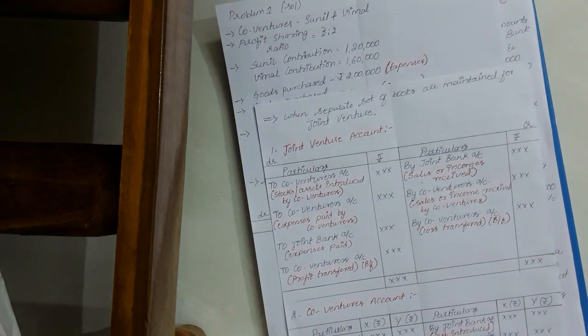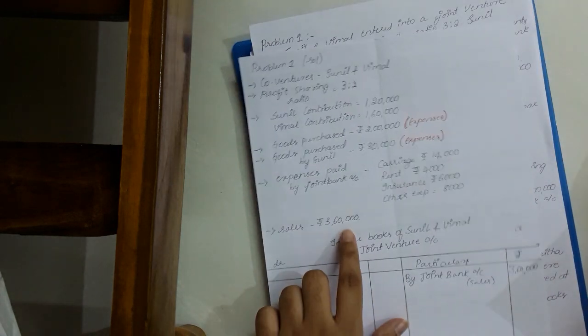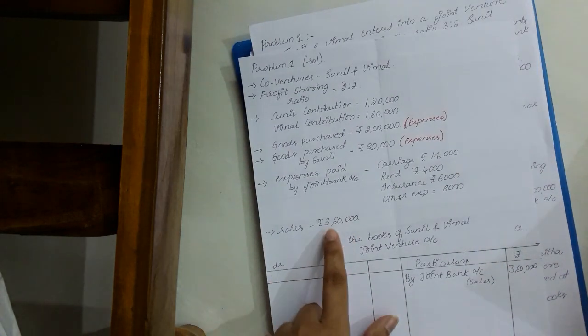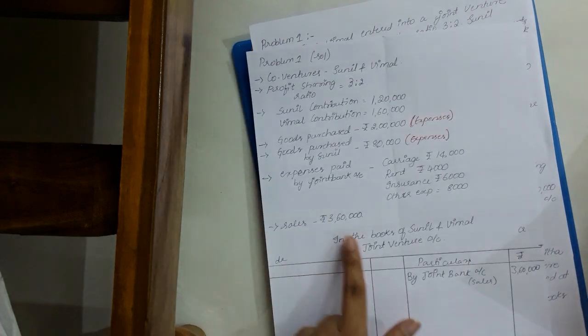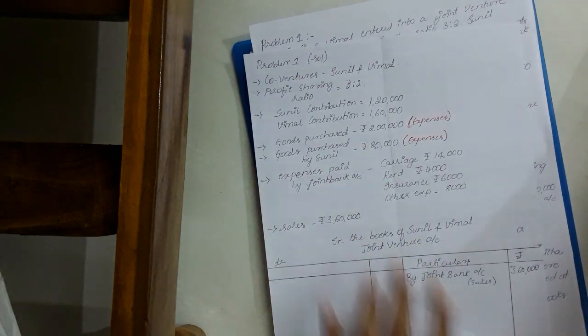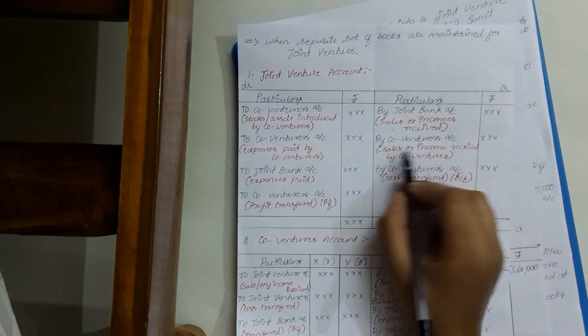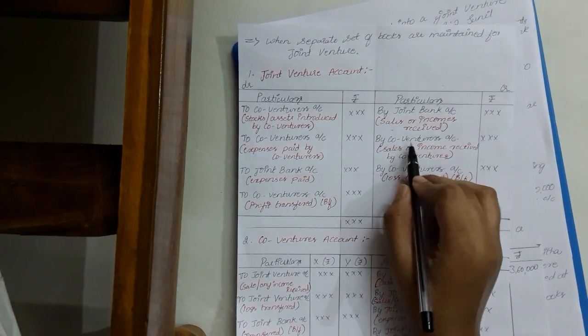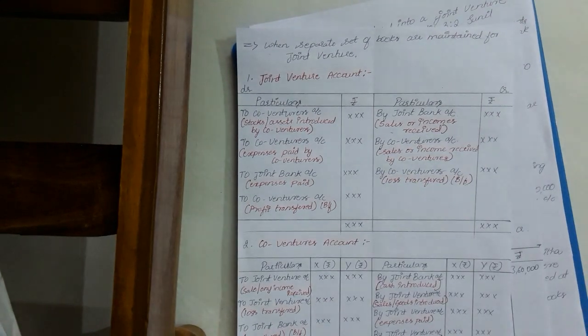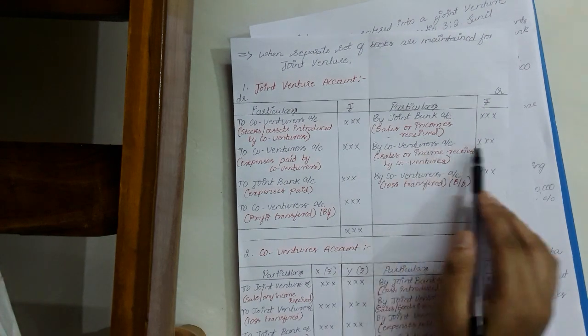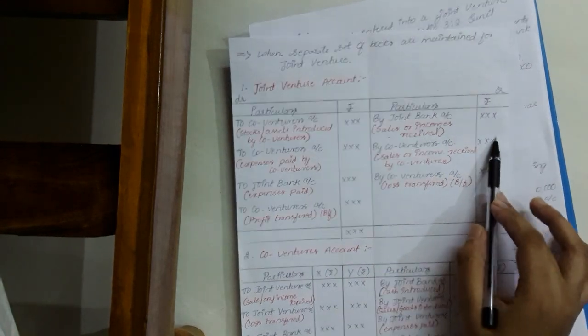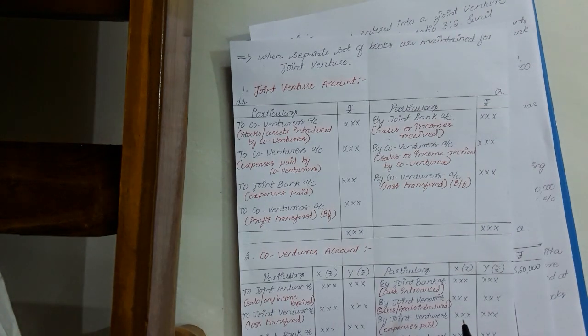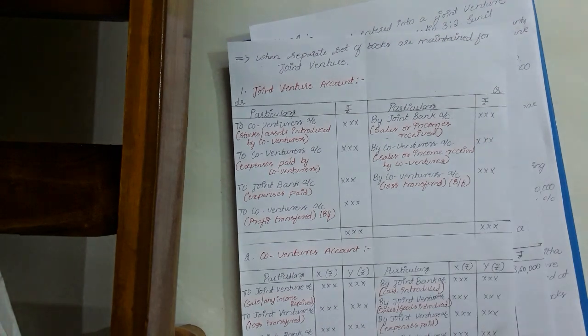For example, if Sunil or Vimal has taken over some part of the goods, say 3 lakh rupees was sold and 60,000 worth of goods was taken over by Vimal, then we write Vimal's account here with that value. In this sum they have not given anything like goods taken over by a particular co-venturer, so there is no need to write that.